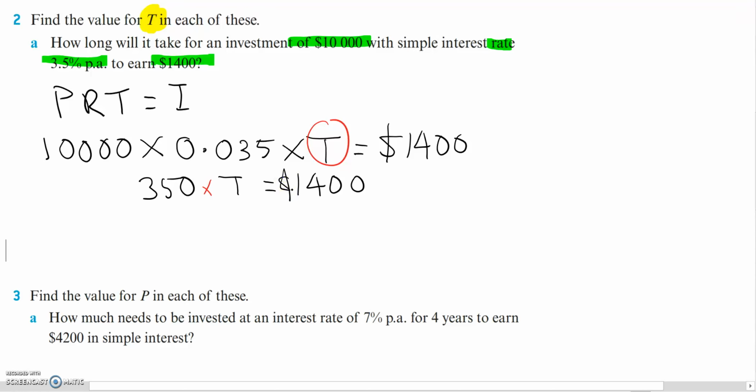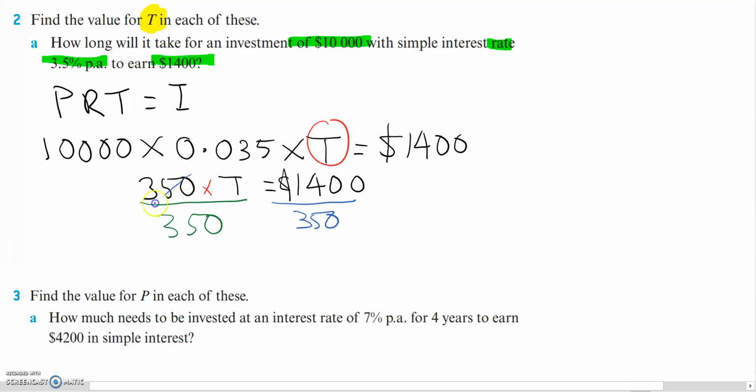Now, as per algebra, we need to get rid of the 350 where we want to keep the T on its own. The easiest way to do that is by dividing by itself. So 350 divided by 350 gets rid of that and keeps the T on its own. But what we do to one side, we have to do to the other side as well.